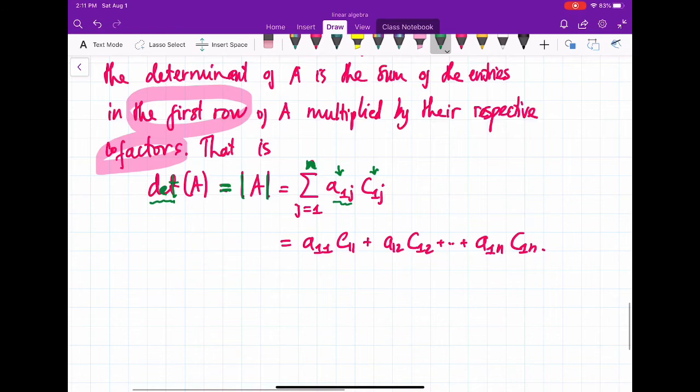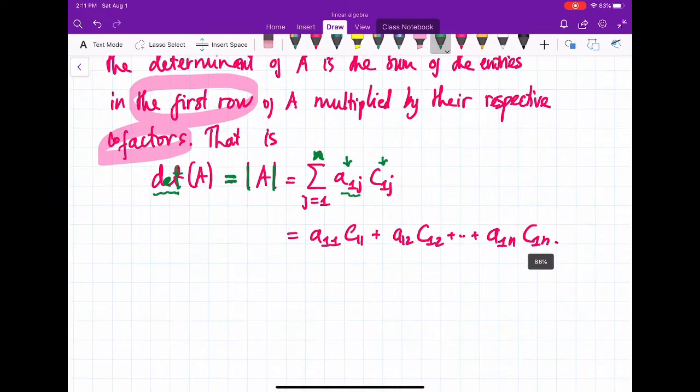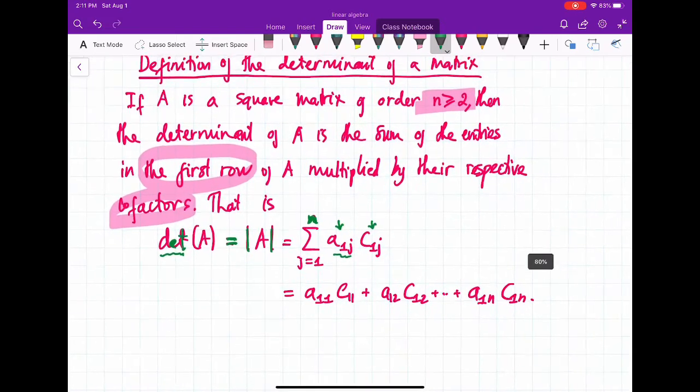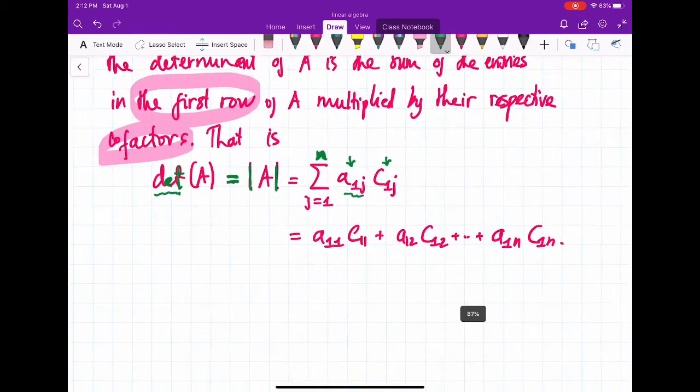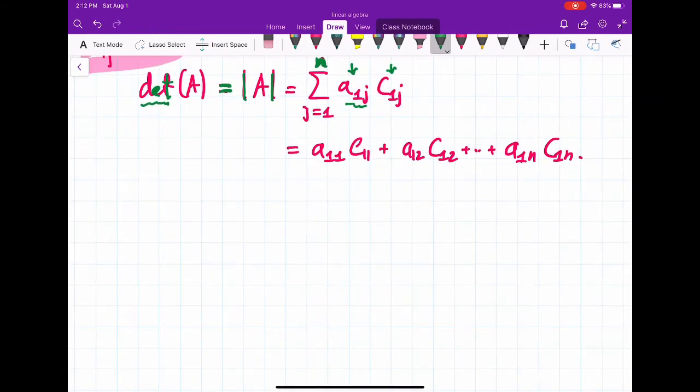And again, you can show that you can find the determinant using any row or any column. In the definition they use just the first row, but you can use any row or any column. Don't forget that. Agree? Let's move to examples and see how we can use this formula.